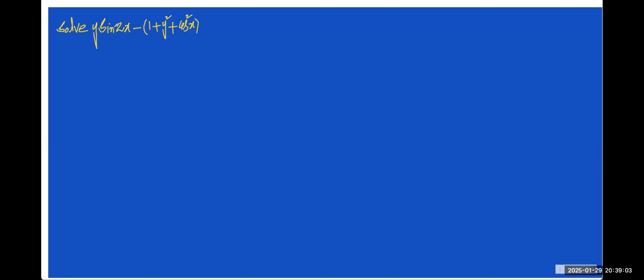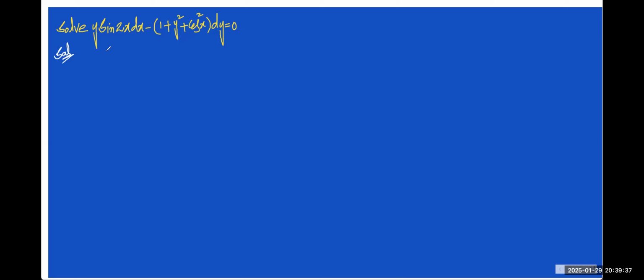Forget to write here dx. Minus (1 plus y square plus cos square of x) dy is equal to 0. Okay, so this is problem number 1. Let me go through this question number 1 in detail.